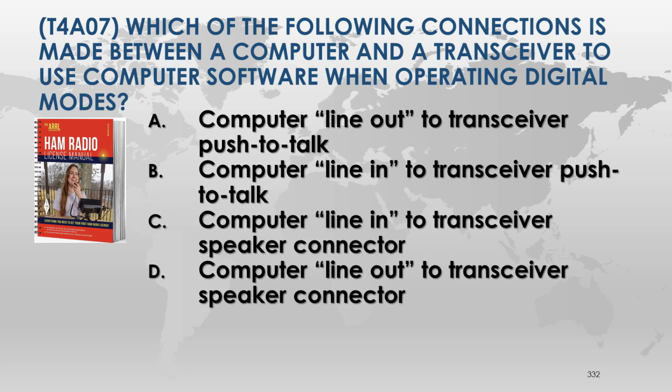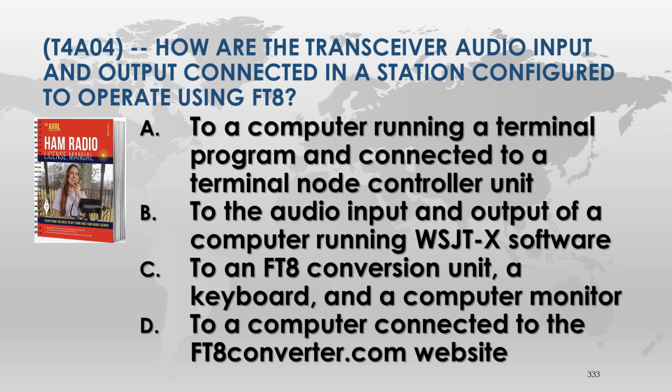Which of the following connections is made between a computer and a transceiver to use computer software when operating digital modes? Charlie. How are the transceiver audio input and output connected in a station configured to operate using FT8?